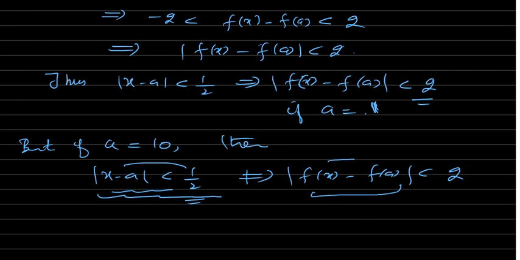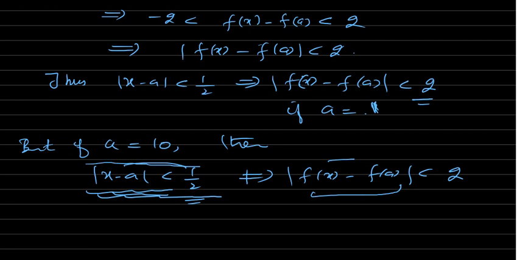But when you write doesn't imply, it means it is not true for every point. You do not have to verify for every point that it does not imply. You only need one point, in this range, meaning one which satisfies the inequality mod of x minus a less than 1 by 2. But at that point we don't have the inequality mod of f x minus f a less than 2.